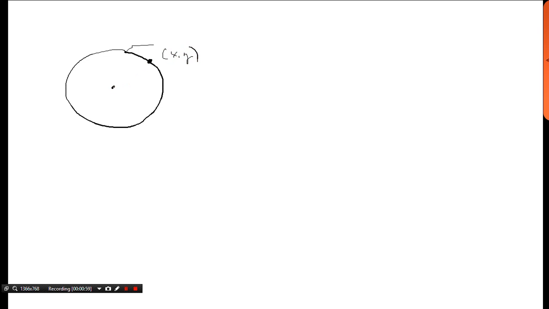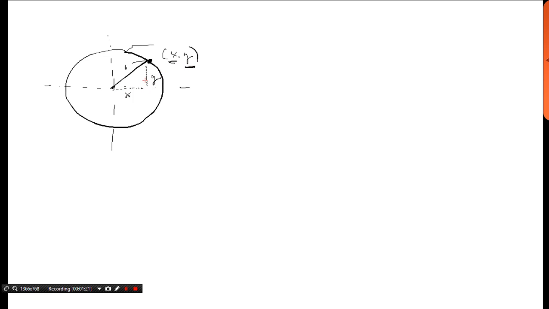If you remember the equation for the unit circle, it goes through the origin. The radius from here to here is 1. So if we were to strike a triangle onto the x-axis, this x value is this x value. This y value is this y value.